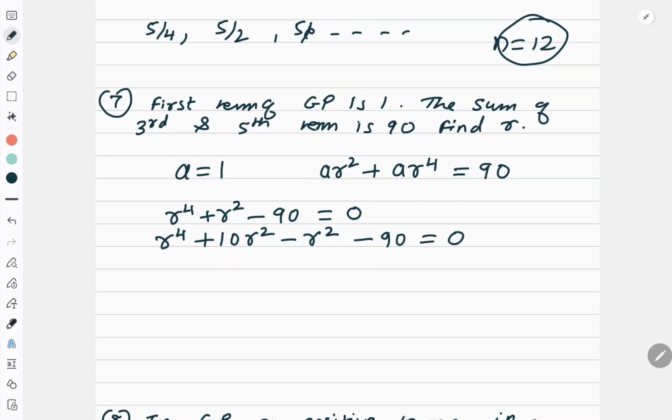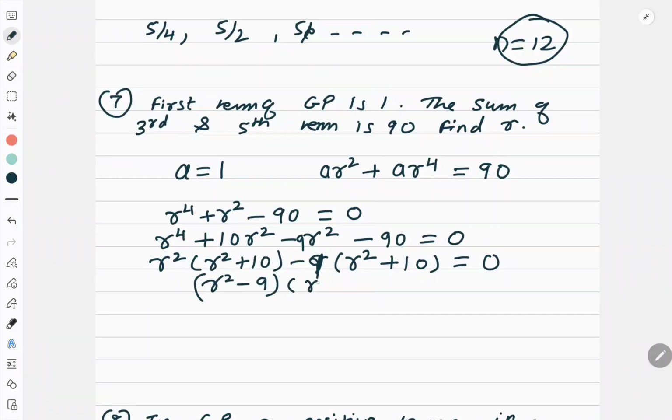This is called splitting the middle term. If you are confused, you can use the formula method also. Now r square will be common. So r square into r square plus 10, minus 1 is common, 9 will come here. So r square plus 10 is common. So r square minus 9 and r square plus 10 is equal to 0.